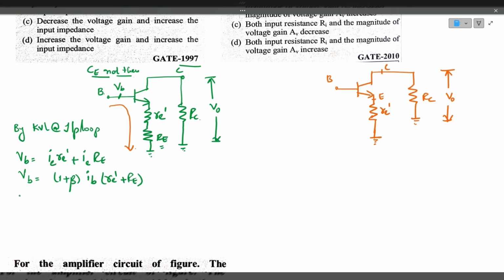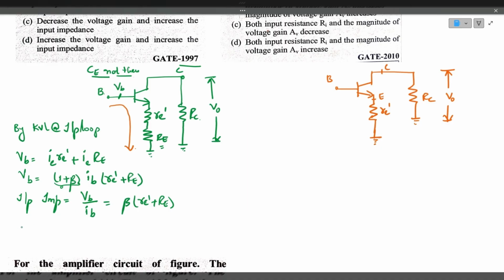So the input impedance is equal to input voltage, the base voltage, divided by input current IB. This 1 plus beta I am writing as beta, so beta into (RE dash plus capital RE) is the input impedance.